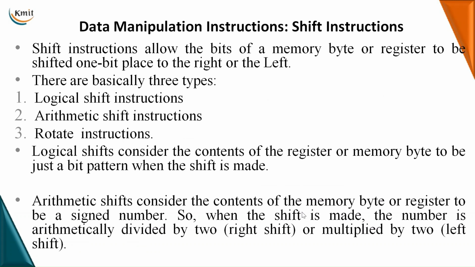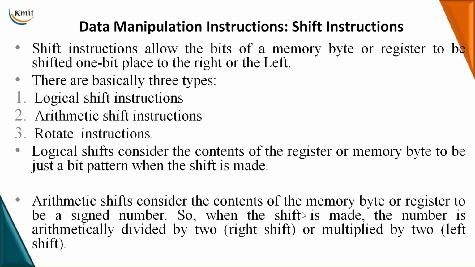They are basically divided into three types: logical shift instructions, arithmetic shift instructions, and rotate instructions. In case of logical shift instructions, they consider the contents of the register to be a bit pattern when the shift is made. In case of arithmetic shift instructions, they consider the contents of the memory byte or a register to be a signed number.